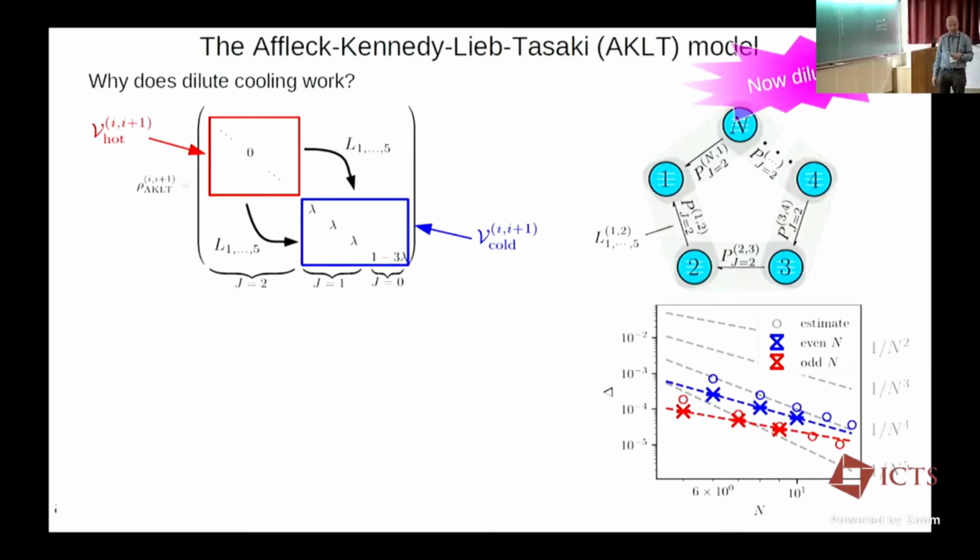So first, the bad news. The bad news is that delta, my rate of cooling, seems to decrease with the size, with the magnitude of the chain. Interestingly, there is an odd-even effect.